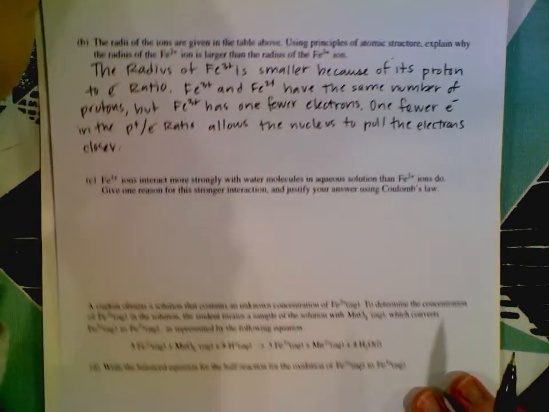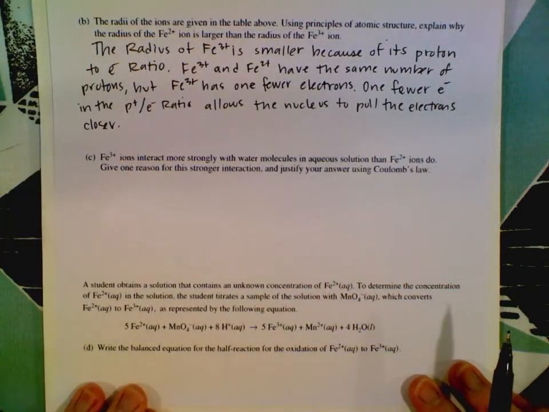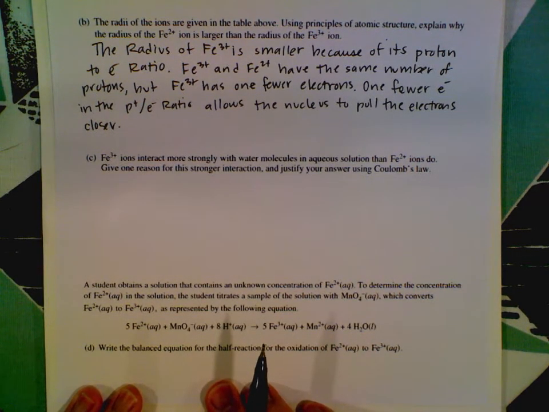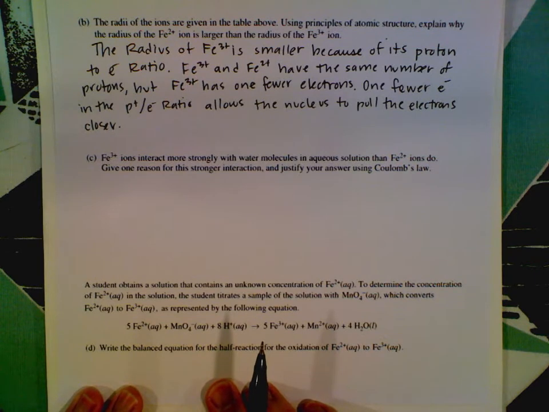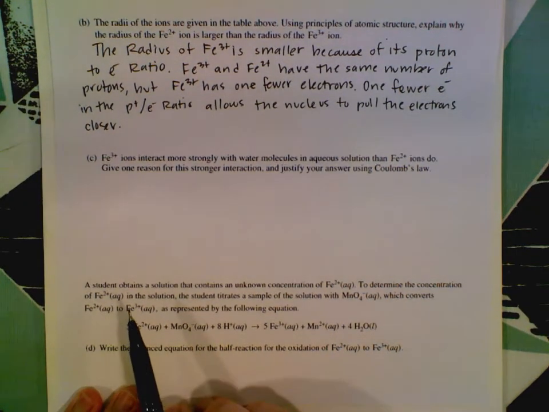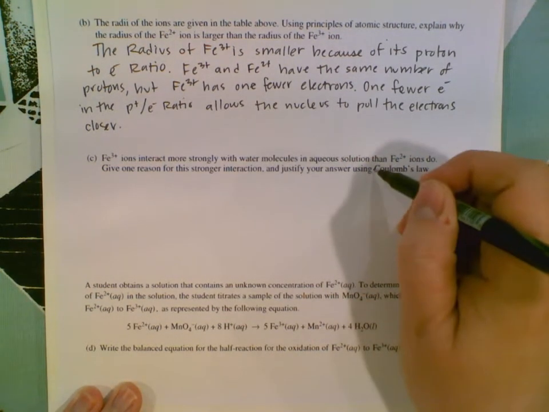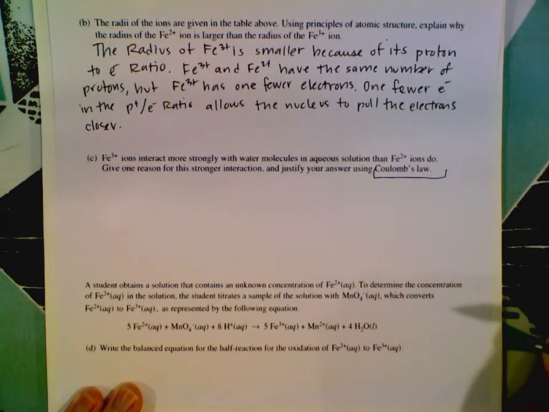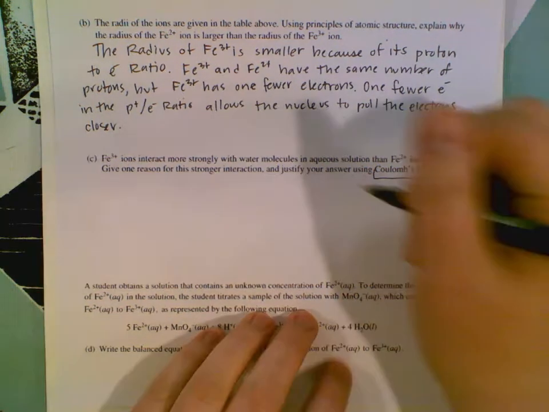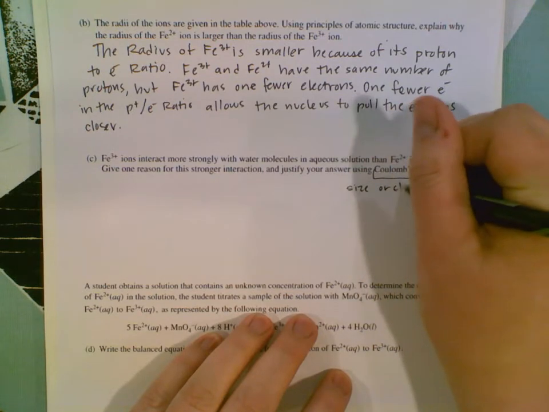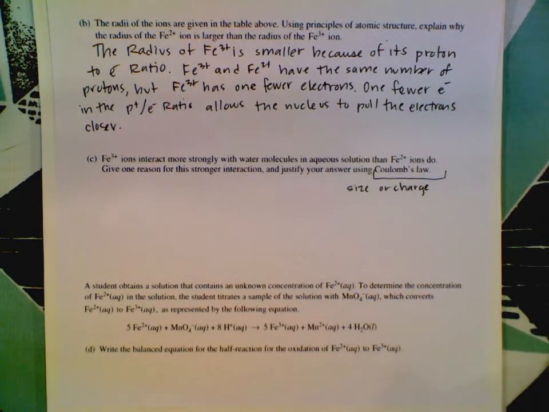All right. So for C, it says Fe3+ ions interact more strongly with water molecules in aqueous solution than Fe2+ ions do. Give one reason for this stronger interaction and justify your answer using Coulomb's law. So Coulomb's law, they give you the information about what you've got to think about already. So in a Coulomb's law argument, there are two things. There is either, if you remember, a size argument or a charge argument, and you can pick either of them to talk about this.